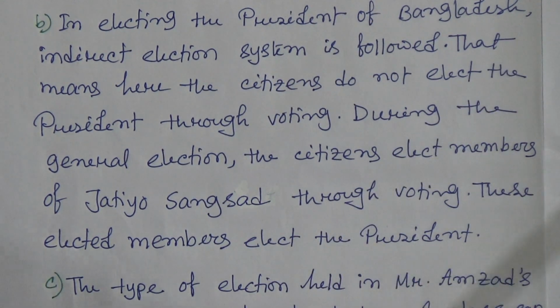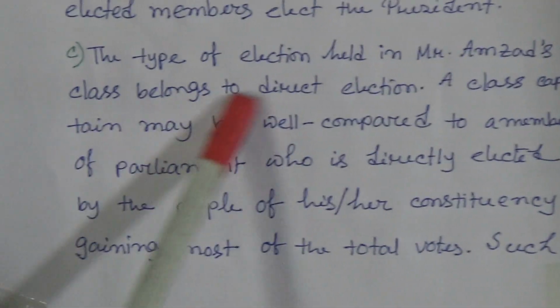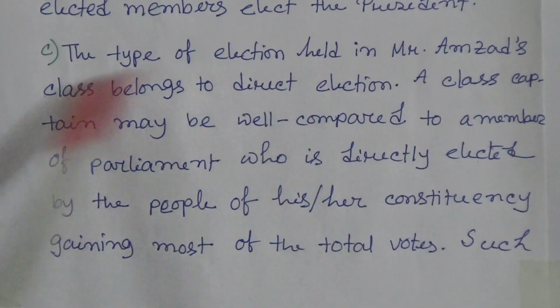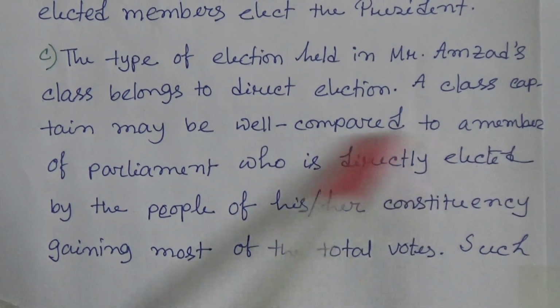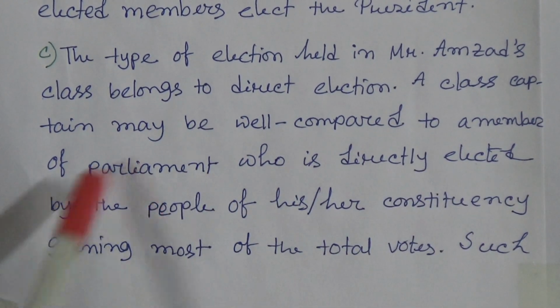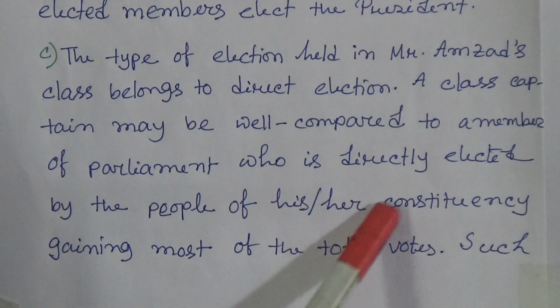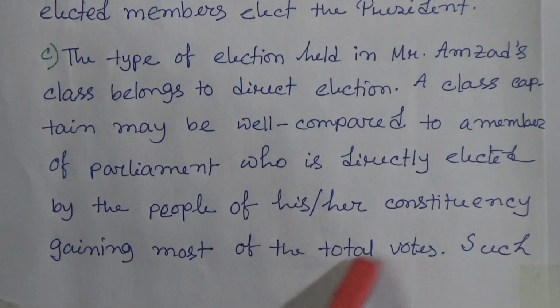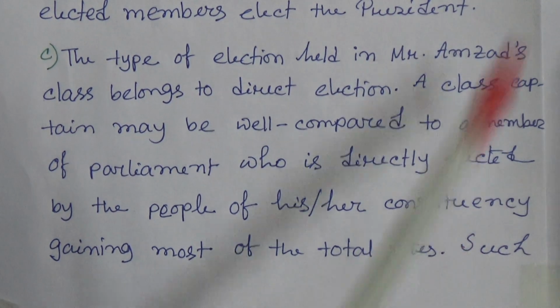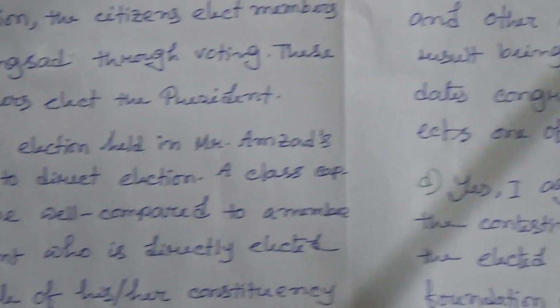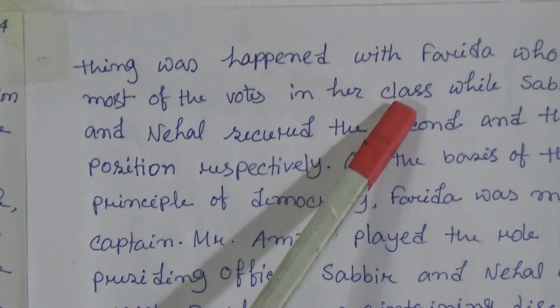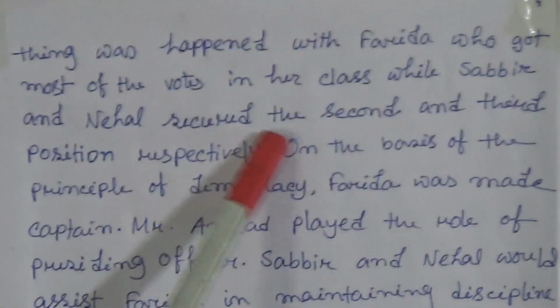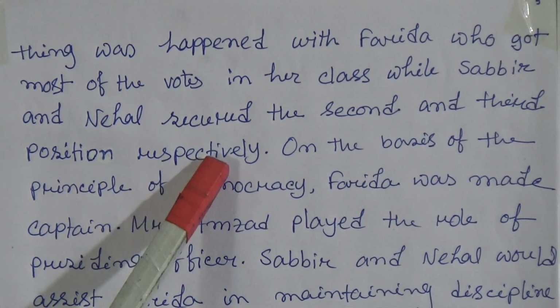Now number C. Explain the election system followed by Mr. Amjad for his class. The type of election held in Mr. Amjad's class belonged to direct election. A class captain may be well compared to a member of parliament who is directly elected by the people of his or her constituency, gaining most of the total votes. Such a thing happened with Farida, who got most of the votes in her class, while Sabir and Nehal secured the second and third position respectively.